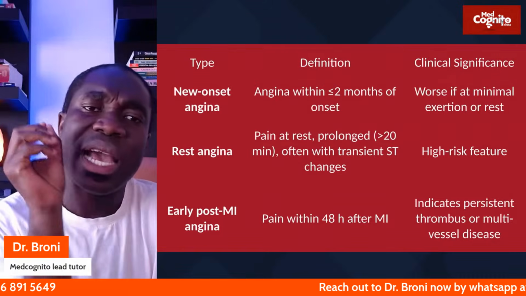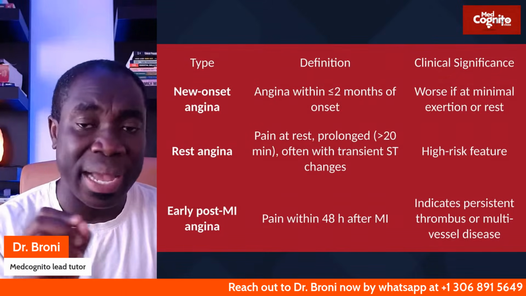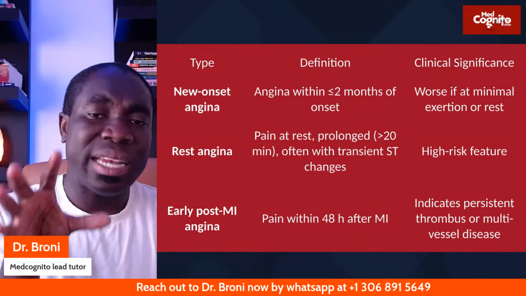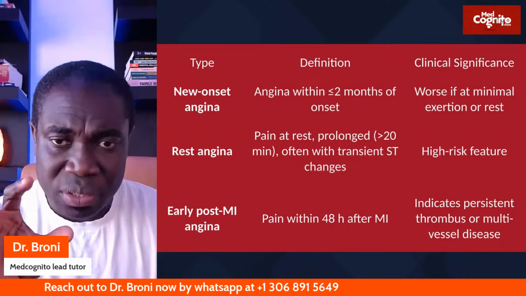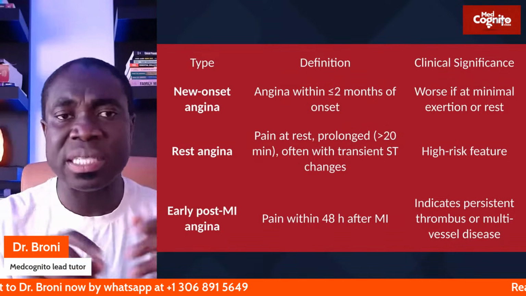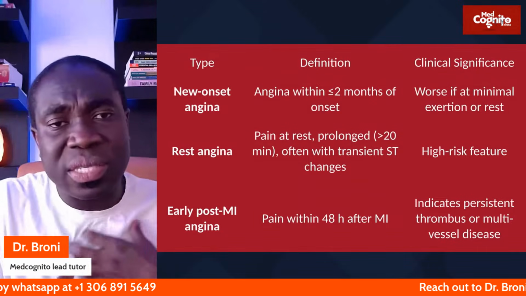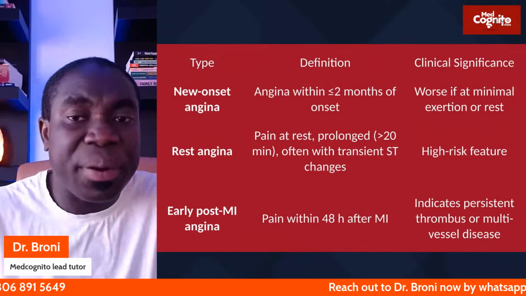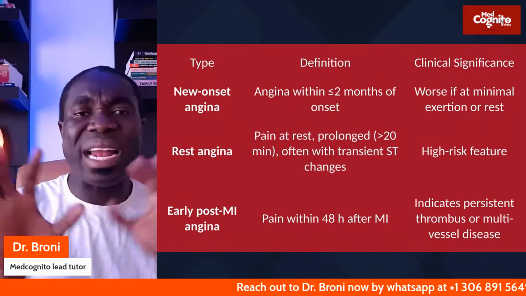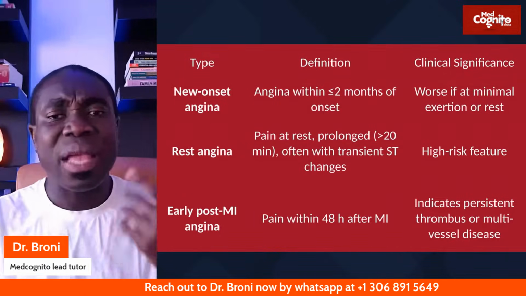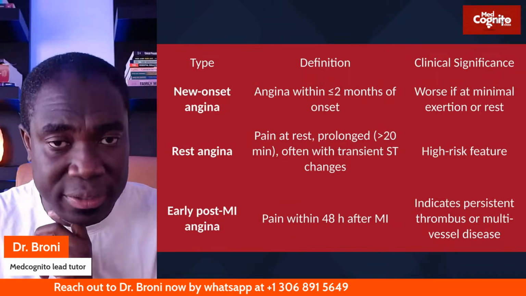When you see a case of early post-MI angina, it indicates that there's persistent thrombus or multi-vessel disease. So that means that the thrombus which was causing the initial chest pain is still persistent, or that other vessels have been affected and it was not picked up initially.